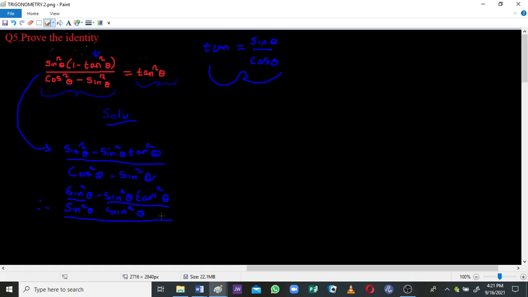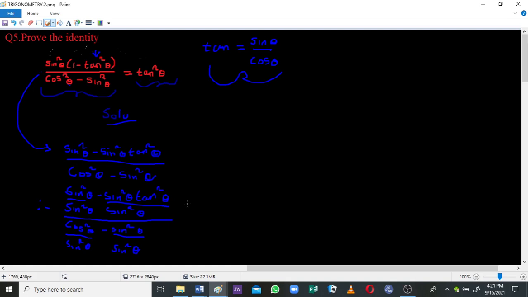Now we come to the denominator. Our denominator is cosine squared theta minus sin squared theta. Also the denominator we are going to divide through by the same sin squared theta. Hope you are following. Sin squared theta, and this side we do the same.